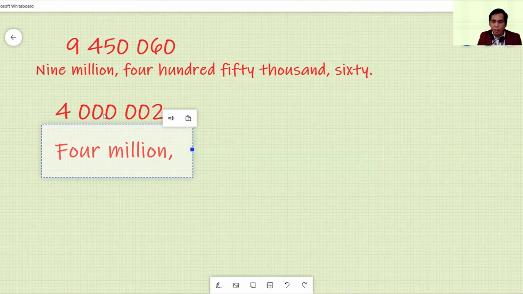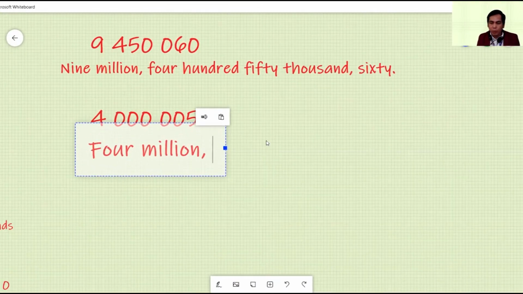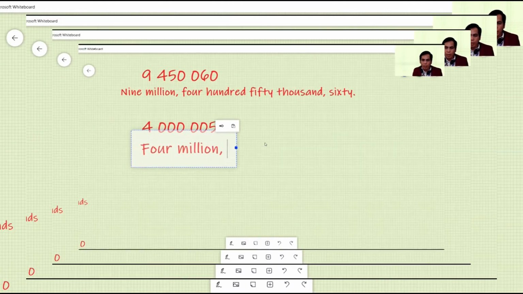So we will not say anymore here 0,000, because the value of 0,000 is 0. So we don't need to include the thousands period. So we have to go immediately to the ones period.